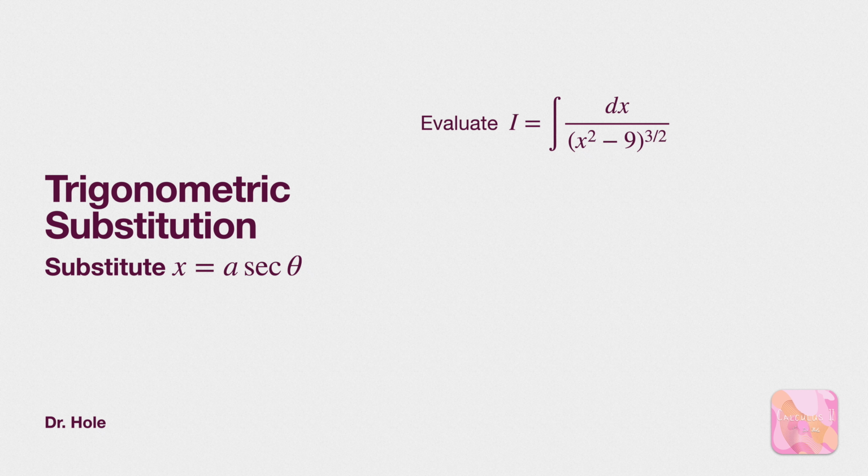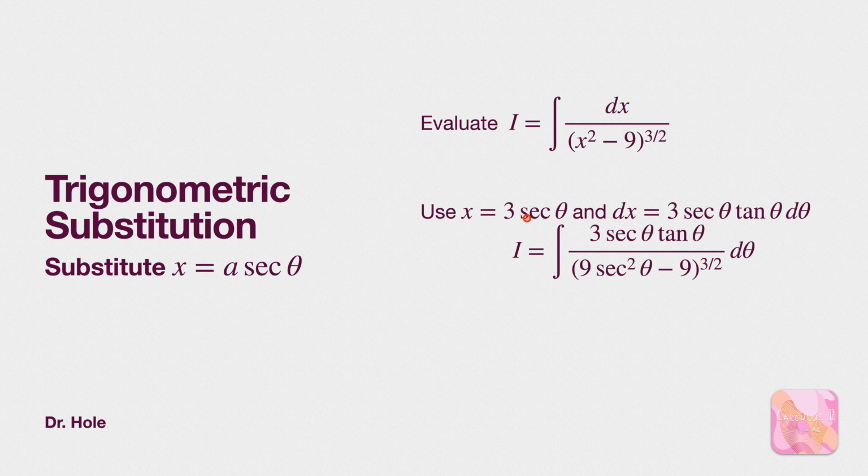So let's look at this integrand. We have a denominator, the variable squared minus 9, which is 3 squared, raised to the 3/2. Let's identify that a is going to be 3, and set x equal to 3 secant theta.